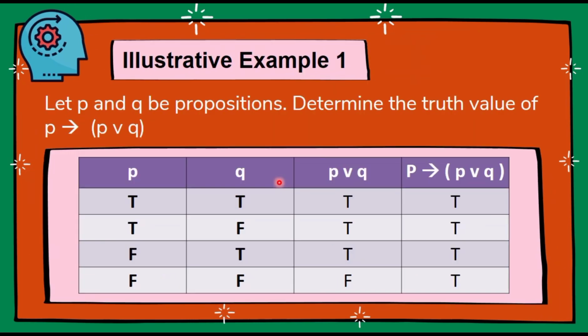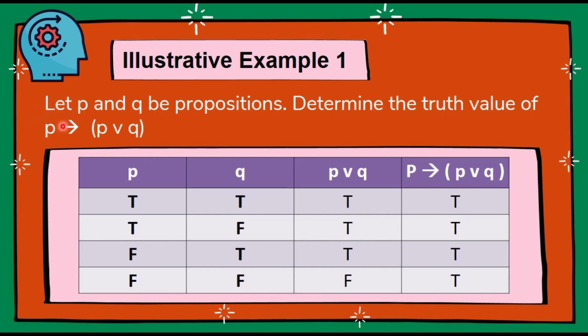Knowing the truth table of each logical operator, we will now use it in determining the truth value of each proposition. Illustrative example number 1. Let P and Q be propositions. Determine the truth value of each proposition. So, P implies P or Q. So, as you can see, this is a compound proposition.